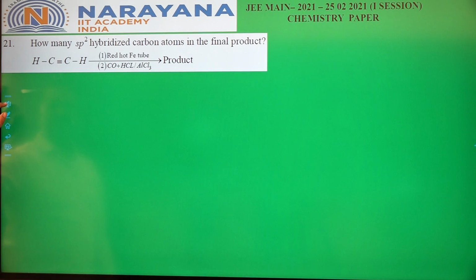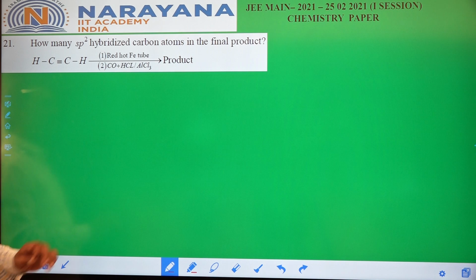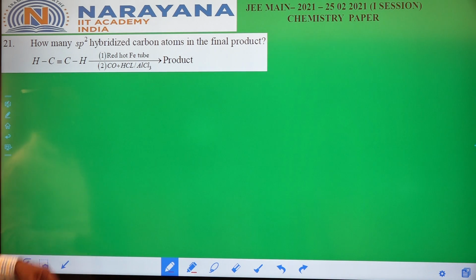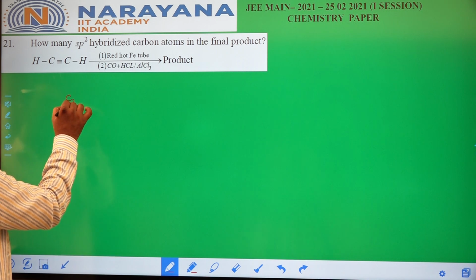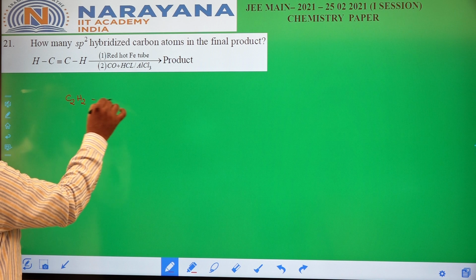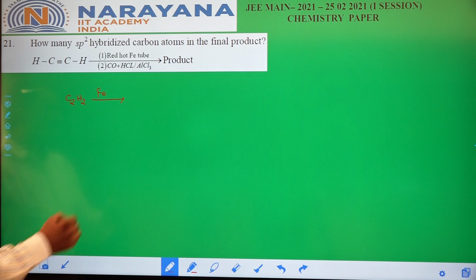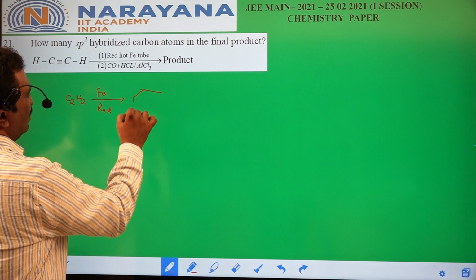Let me see 21. Question number 21. How many sp2 hybridized carbon atoms are in the final product? Here, if you see, acetylene when passed through a red hot copper tube or iron tube is converted into benzene first.